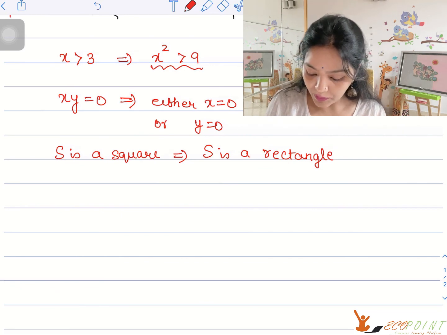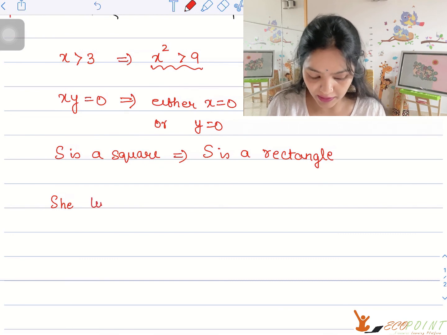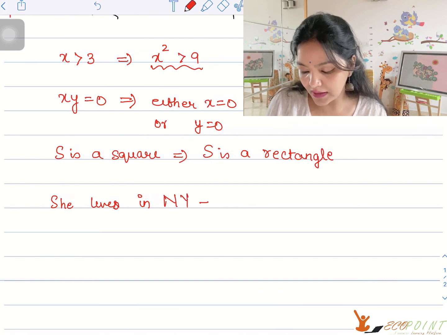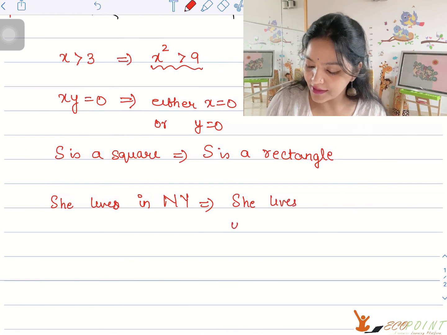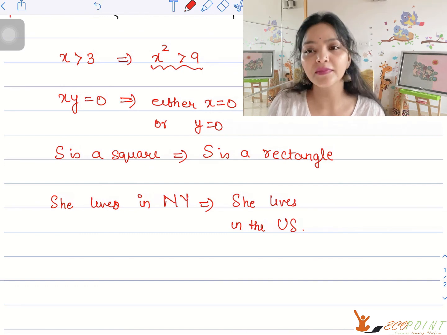Now, another example, a more common one that any layman can understand. She lives in New York implies she lives in the US. Isn't that so?